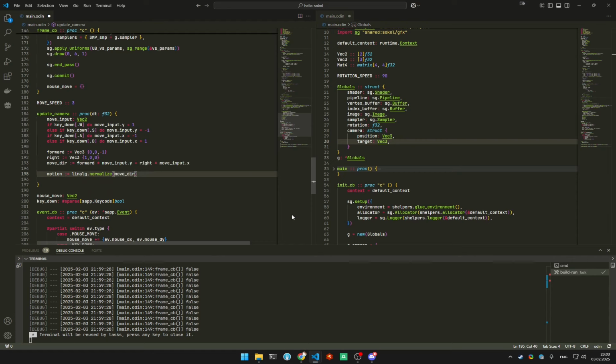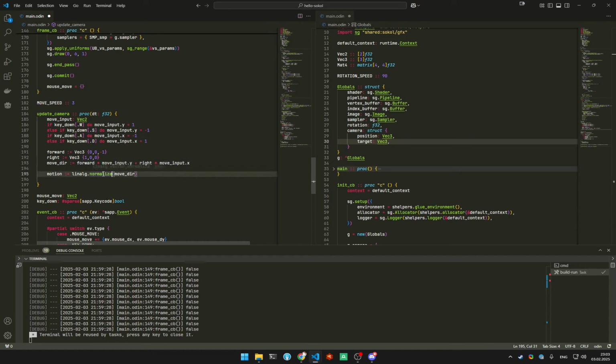So it will just ensure that the movement vector is of a length of 1, because if move input y and move input x are, for example, both 1, then the length of this vector will be more than 1. So the diagonal movement will be more than we want. That's why we want to always normalize this vector.